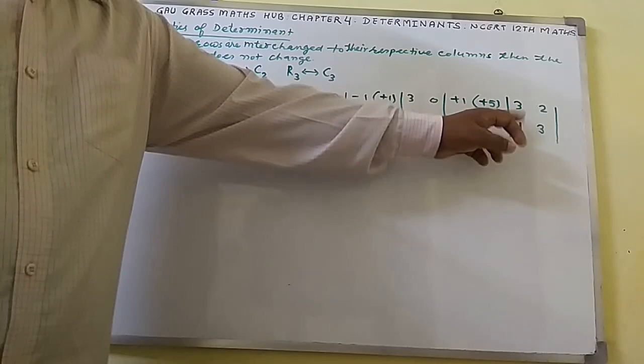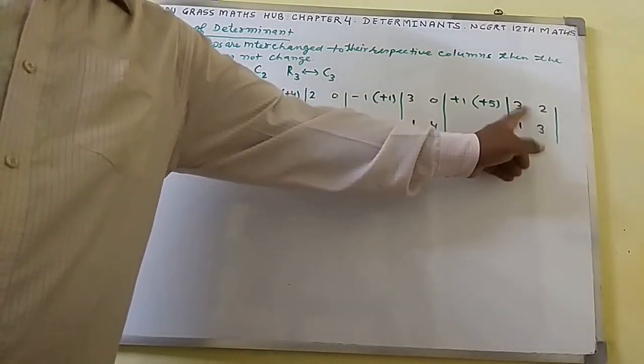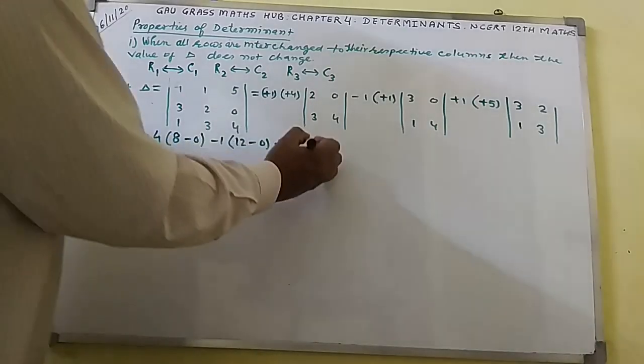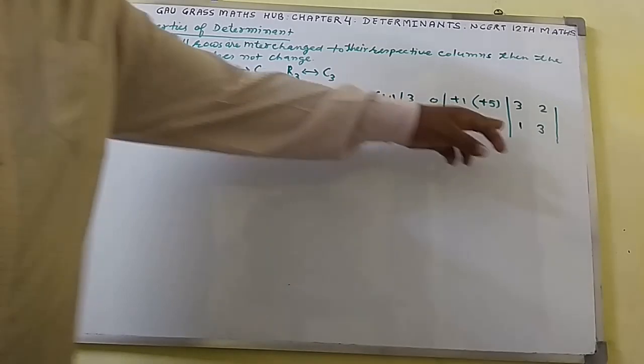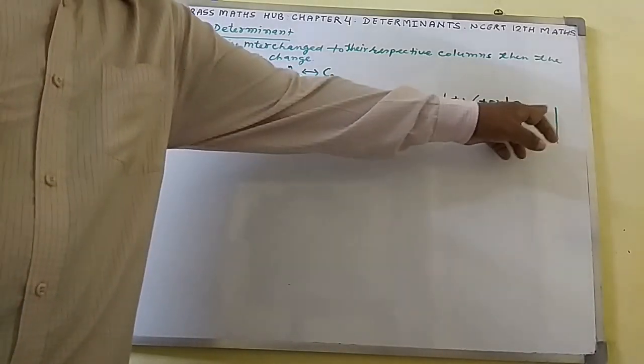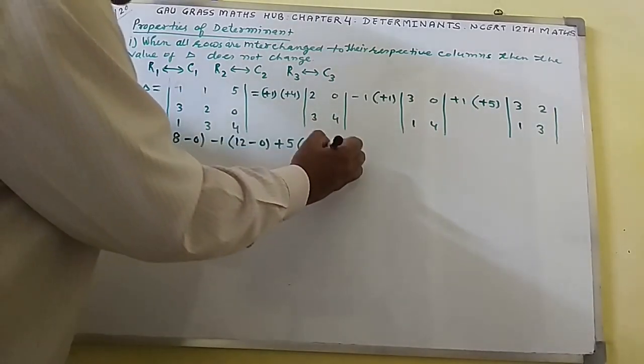The principal diagonal elements are 3 and 3, which multiply to 9. Minus is fixed here, and the reverse diagonal elements multiply, 2 into 1 gives 2.